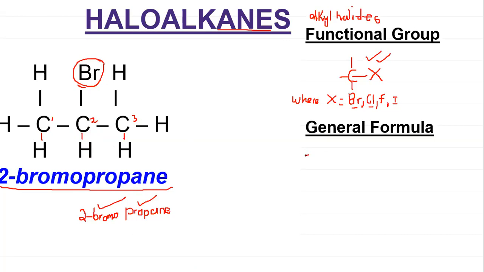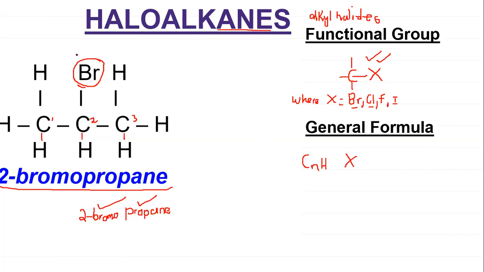So you know it will start with the carbon, and N will represent the number of carbons. And then you will have an H. Are we together? And then you will have an X. Remember now, for the general formula, it could be any halogen. As a result, the halogen is represented using an X.